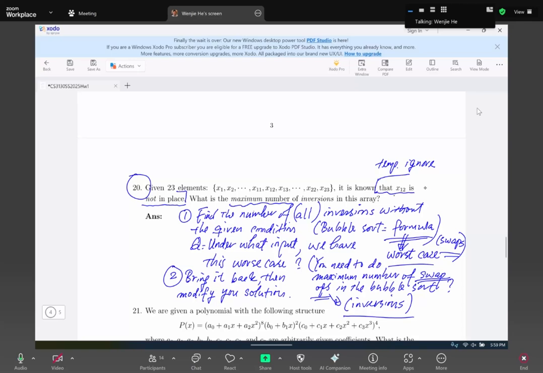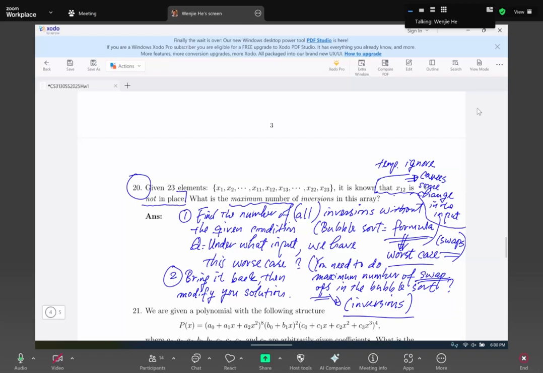So here the situation is, this given condition may require you to change the given input. So this condition may cause some change in the input. Okay?